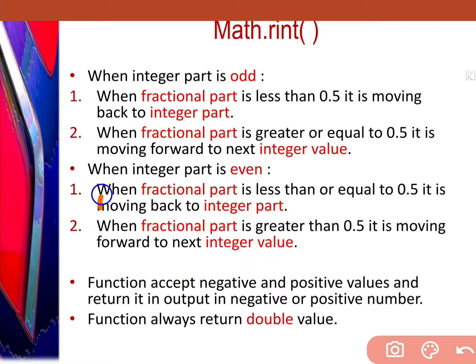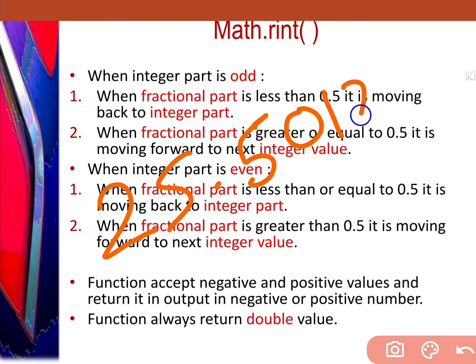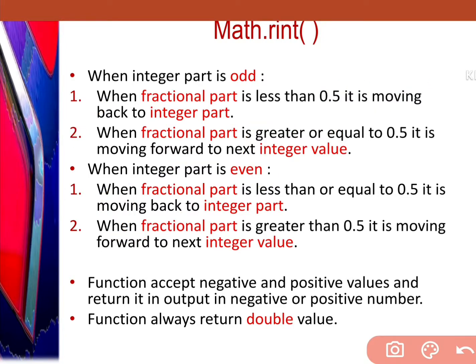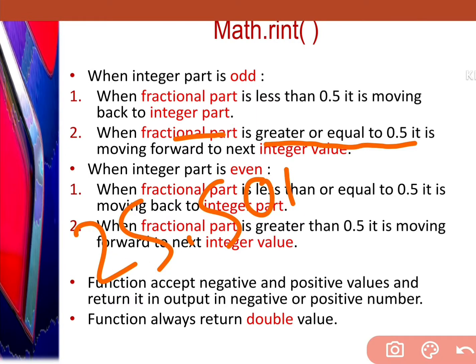If you have 25.5012 in this way, then see the next point. The fractional part is greater than or equal to 0.5. It means 25.501 is near about equal or greater.